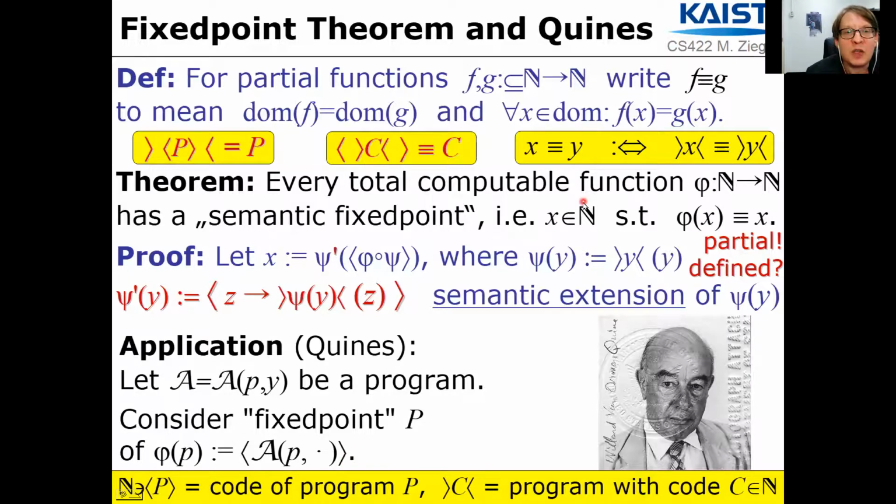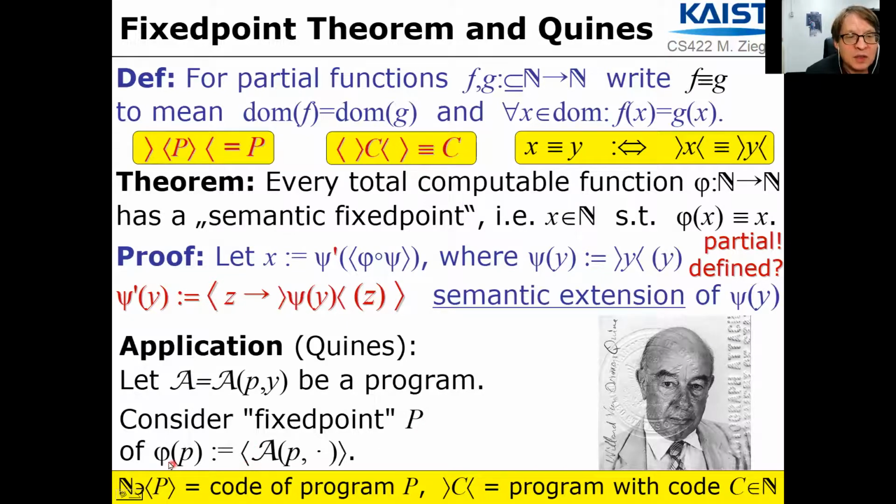But according to the fixed point theorem, this function, it's a total computable function, so it has a fixed point, which we're going to call capital P. So what does it mean, semantic fixed point? It means that phi of capital P behaves the same way as P. Okay.